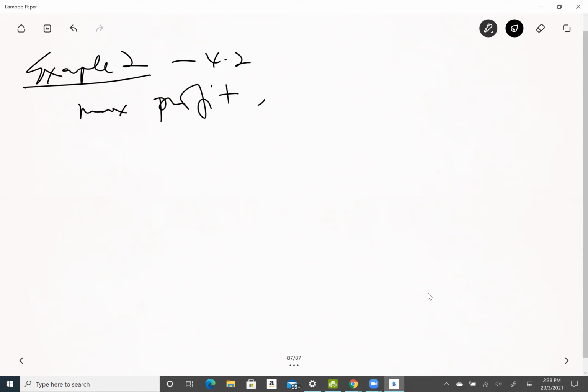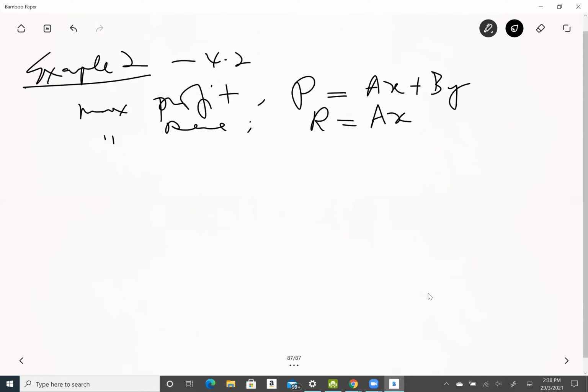So the profit function, P, equals AX plus BY. It's a linear function. If it is revenue, and you maximize revenue, then the revenue will also be something like this. So the objective is always linear.